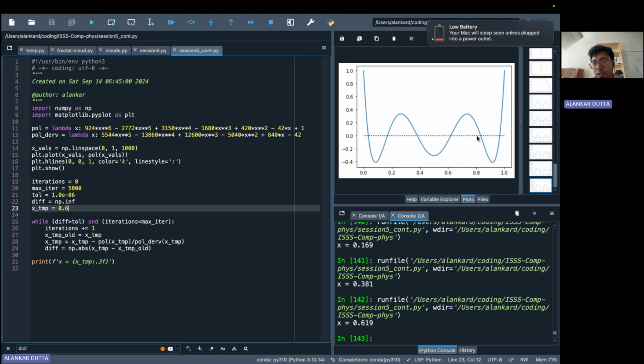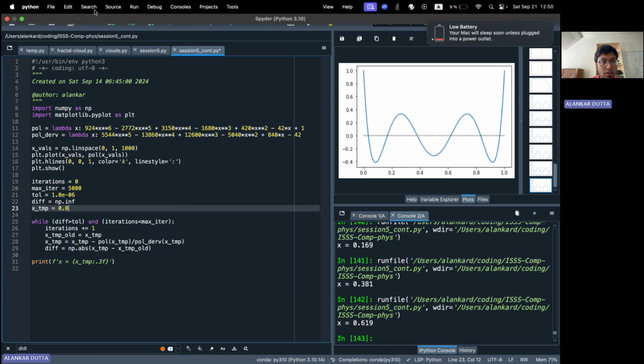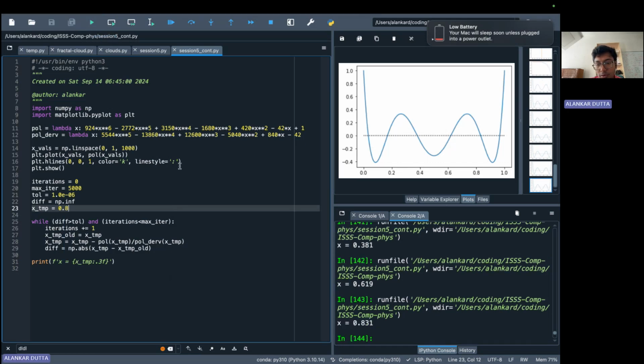Then we'll try 0.8 to get the next root. 0.8 goes to 0.831, and we can try 1, which will get the last root. 0.966. So we got the last root.